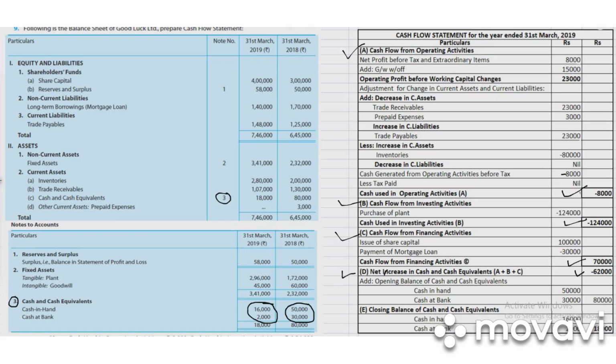You practice with this model and try to understand how this cash flow statement is prepared. You learn the format. When you do many questions in practice, you will automatically learn the format. Format does not change, only the items under the sections will change. Items change, figures change, that's all.